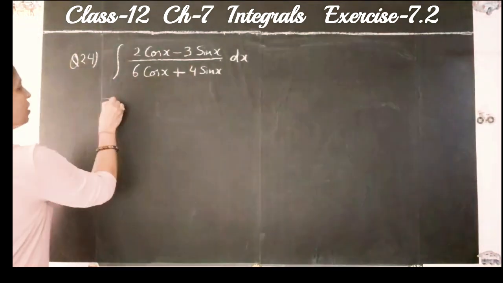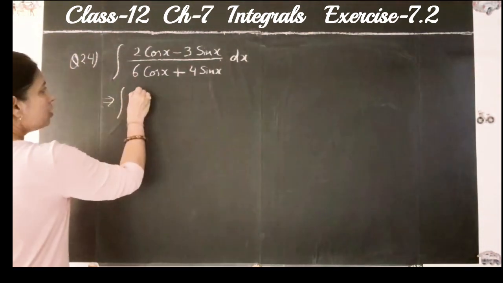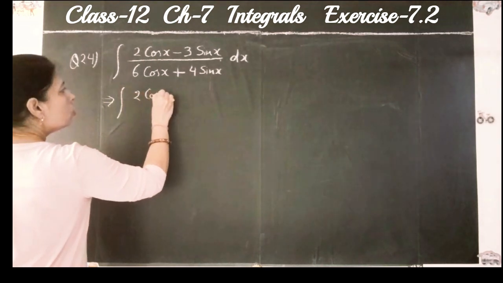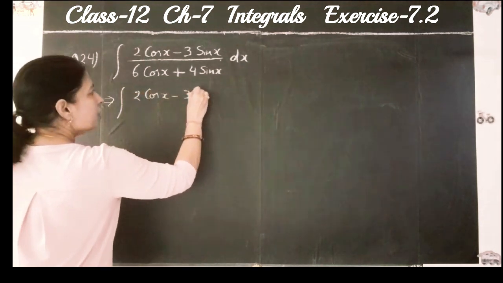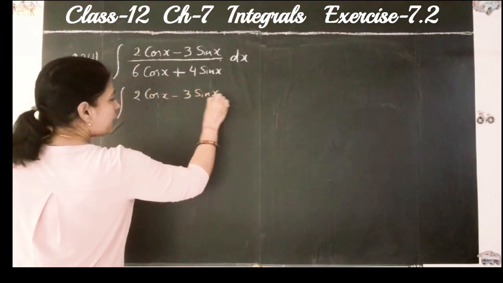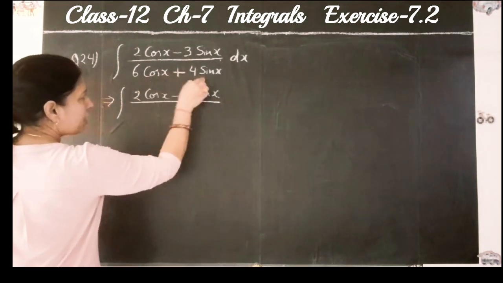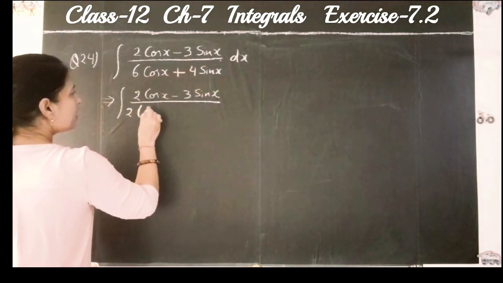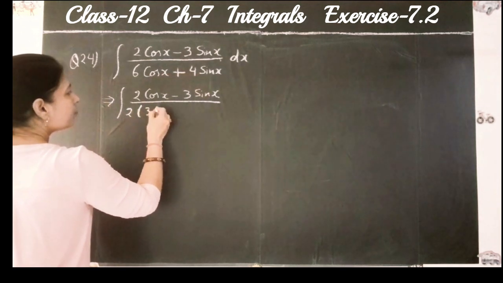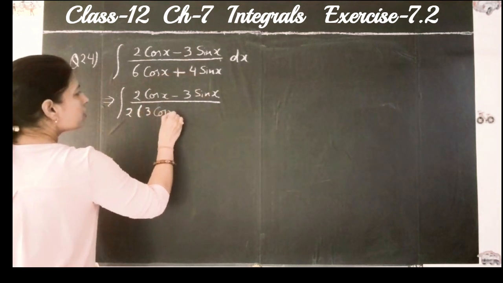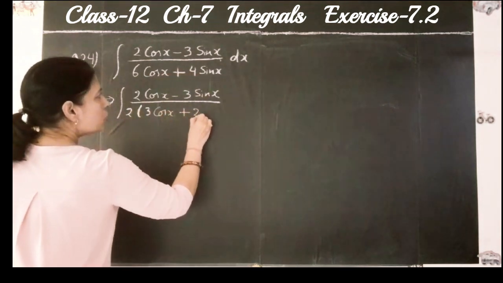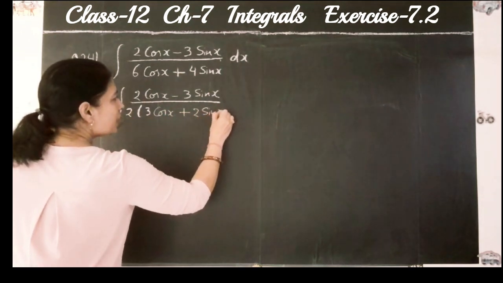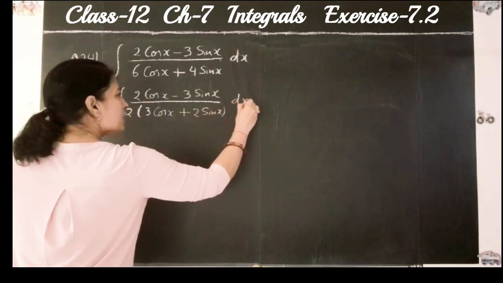So let us write first integral 2 cos x minus 3 sin x as it is, and take common 2 from here. We can write 3 cos x plus 2 sin x dx.